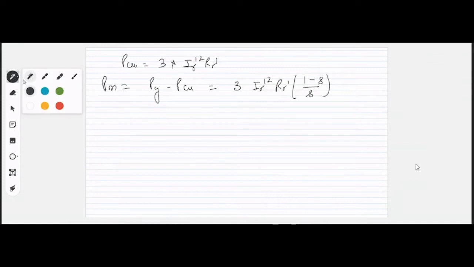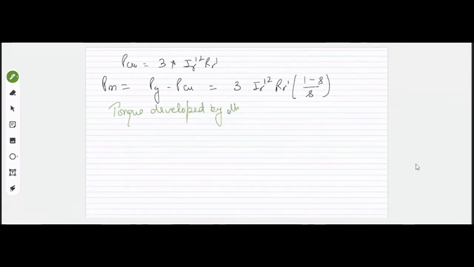We also know that for calculating the torque to be developed by the motor, the torque is nothing but the ratio of power to the angular speed, right? So Pm divided by omega m gives us the torque that will be developed by the motor on the shaft. That is the shaft torque.